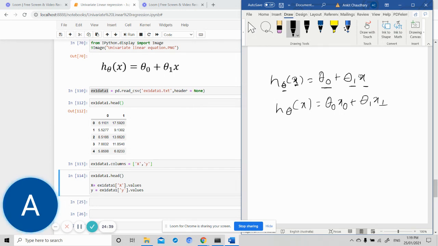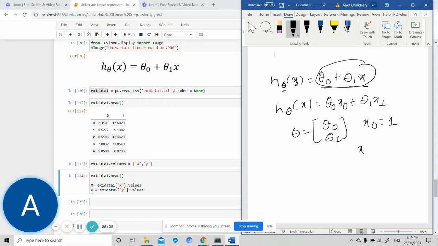So what we are going to do is use a matrix, where our theta is stored in a matrix, like theta naught, theta 1. Because we have the equation theta naught plus theta 1 times x, x naught will be by default 1.